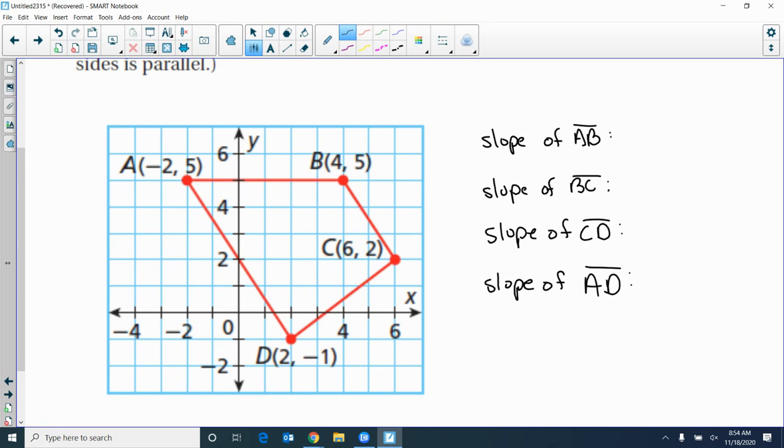I'm looking at C to B. Okay, see that furthest point, how far up do you have to go? How far up do you have to go?